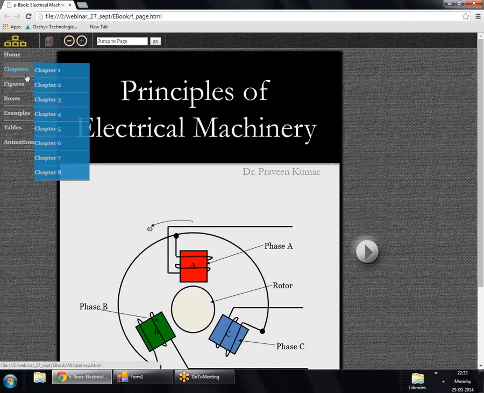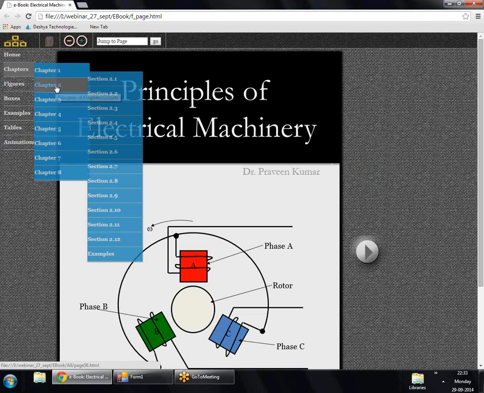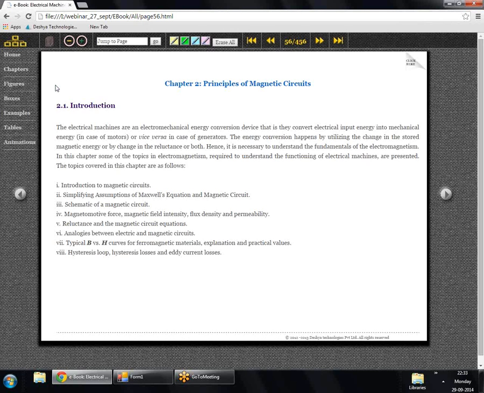Actually, in this book, the discussion on magnetic circuits starts from chapter 2. In this chapter, we will go through the fundamentals and basics of the magnetic circuit, and we will learn how these magnetic circuits are analyzed and what the basic equations and fundamentals are that are used to analyze them.